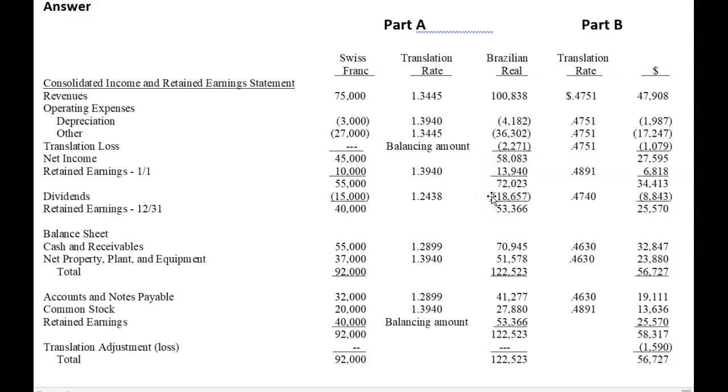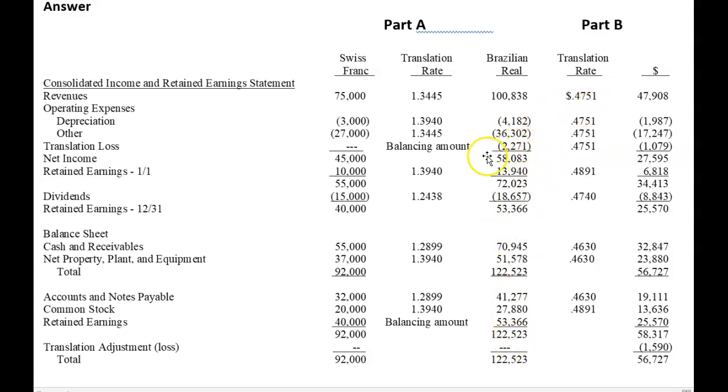Okay, our translation goes to the other comprehensive income, goes right into the equity piece. So our retained earnings, 53,366, right, will be what we use down here for the remeasurement piece. There's no impact on the equity section directly, which would be the other comprehensive income part. The impact is right here on the income statement.